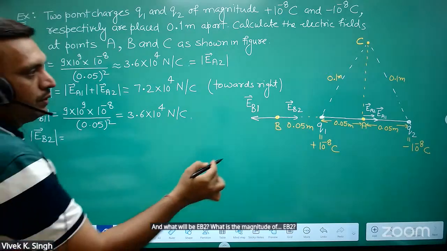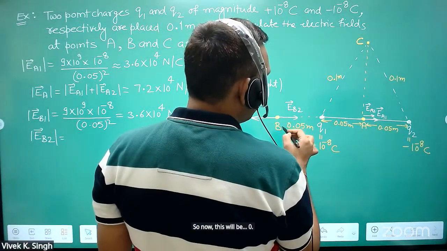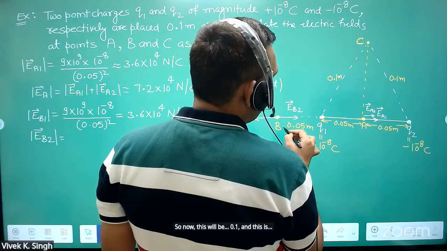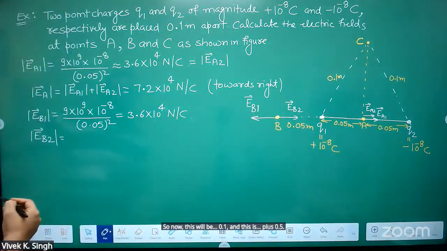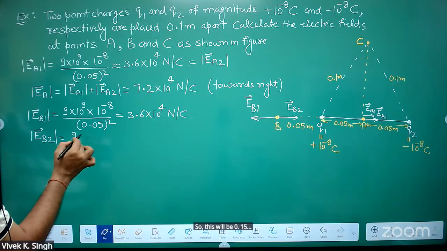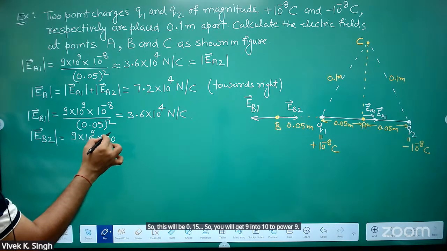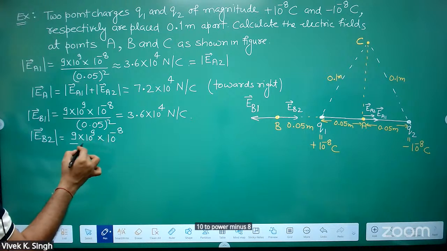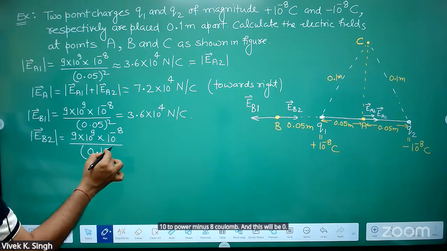So now this will be 0.1 and this is plus 0.05. So this will be 0.15. So you will get 9 into 10 to power 9, 10 to power minus 8 coulomb, and this will be 0.15 meter whole square.